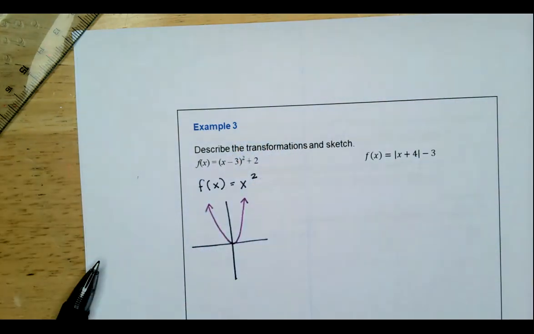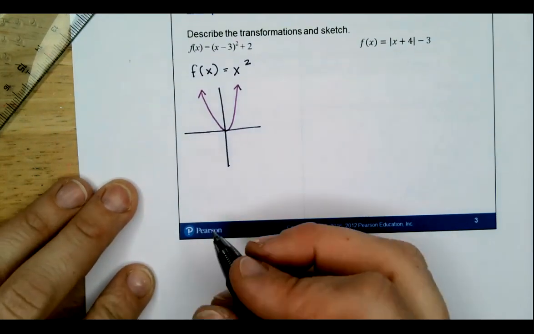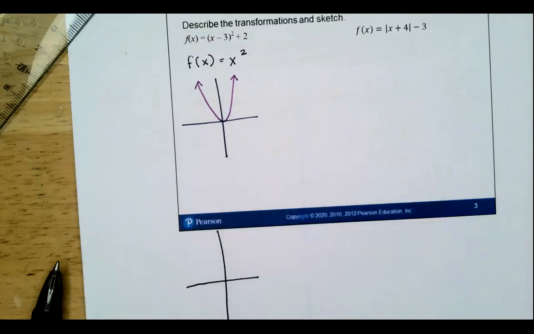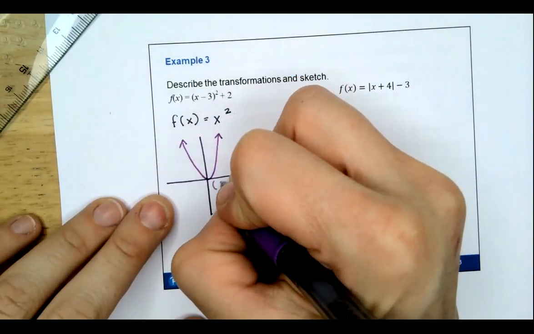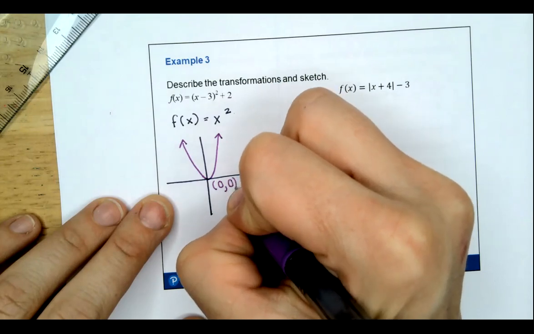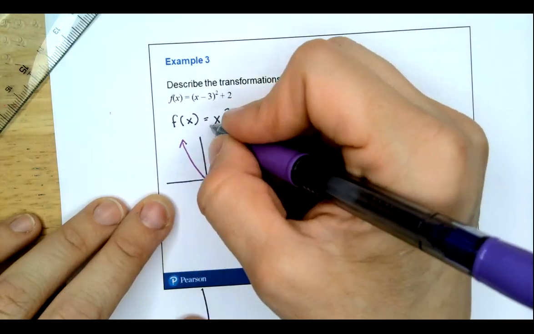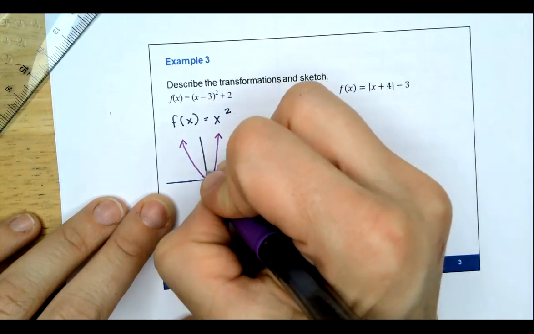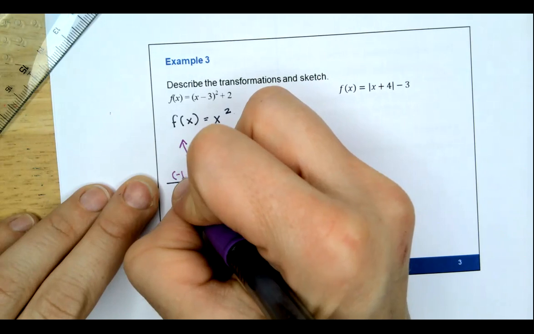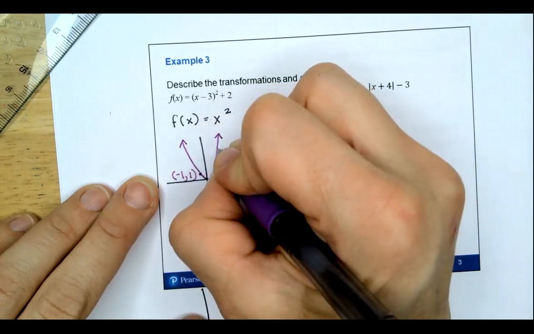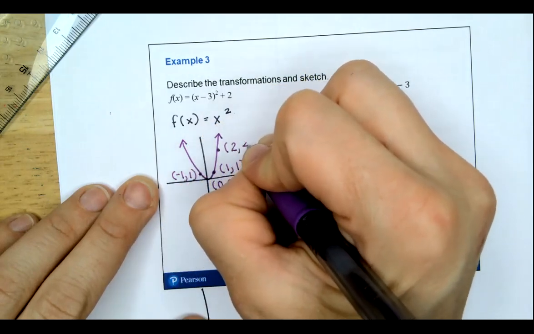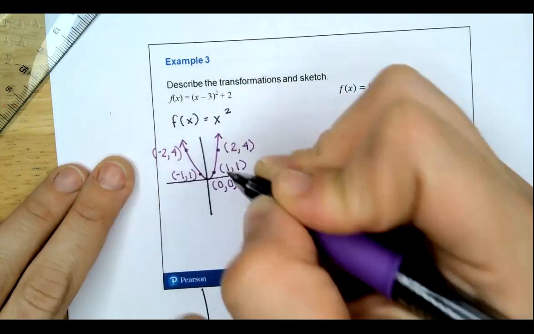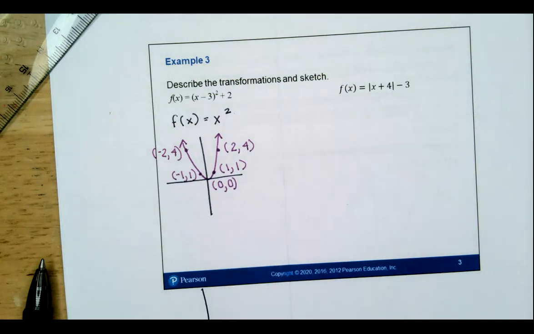Let's talk about some points on this graph: (0, 0), (1, 1), (-1, 1), (2, 4), (-2, 4). Those are all points on the parent function.